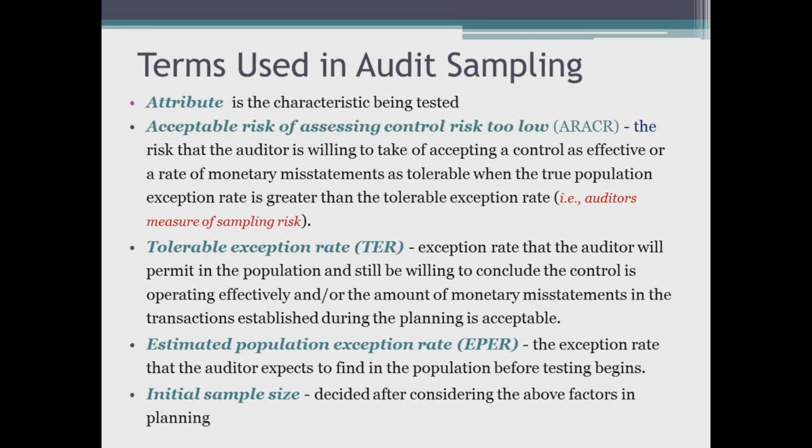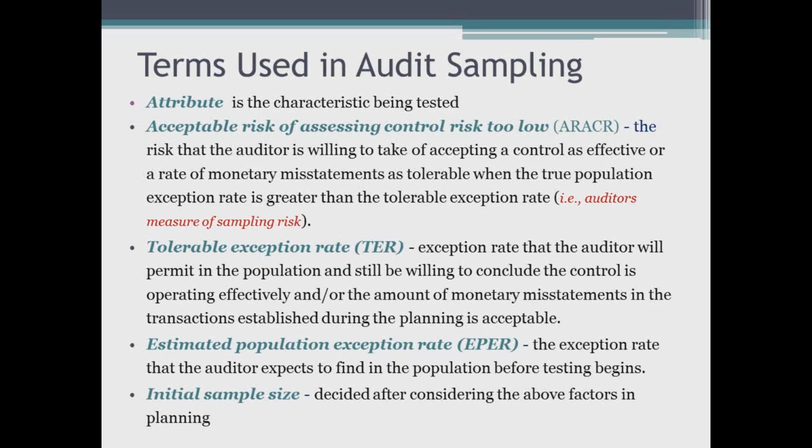The tolerable exception rate is the exception rate that the auditors will permit in the population and still be willing to conclude that the control is operating effectively, if we're testing controls, or that the amount of monetary misstatement in the transactions is acceptable, if we're talking about substantive tests of transactions. So think about materiality.